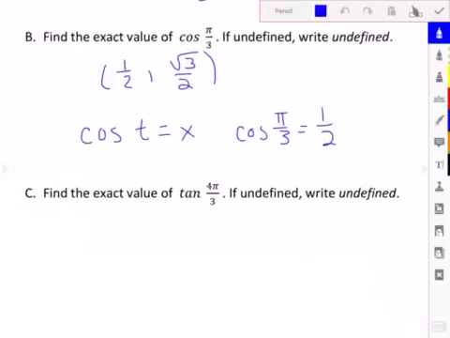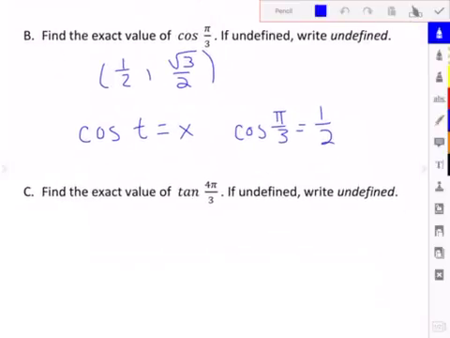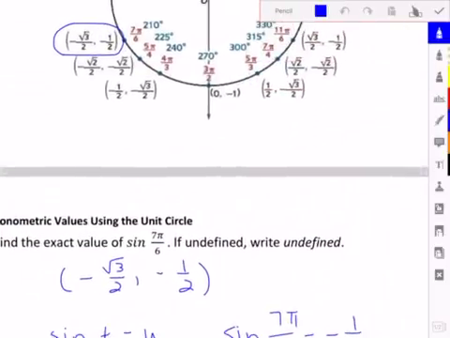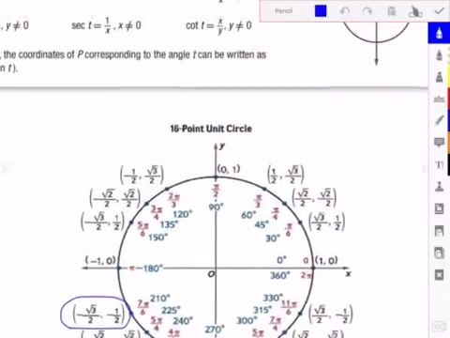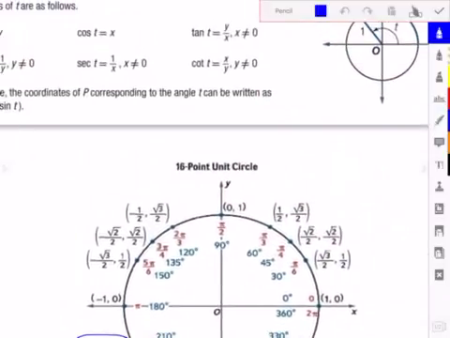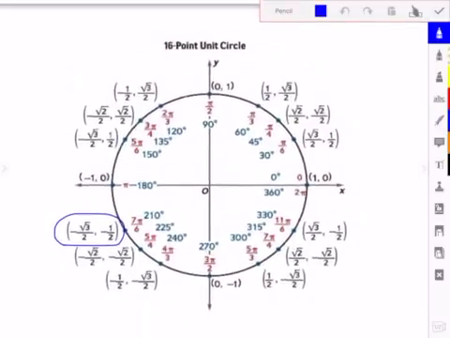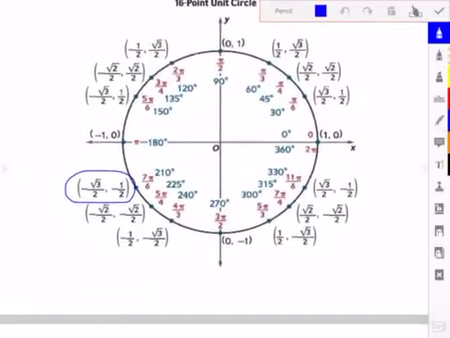Okay, one more. We've got find the exact value of the tangent of 4 pi over 3. So again, I'm going up to the definitions. Tangent is y over x. 4 pi over 3, okay, that's down here in the third quadrant. We've got the ordered pair, negative 1/2, negative square root of 3 over 2.